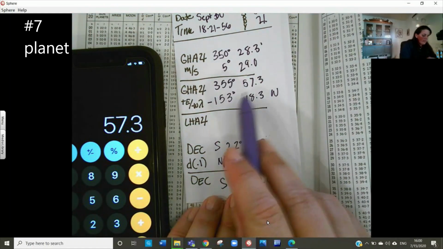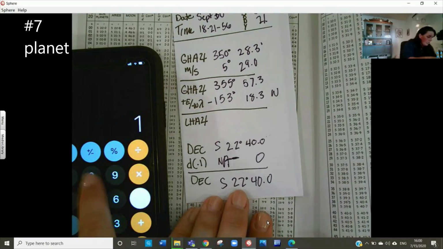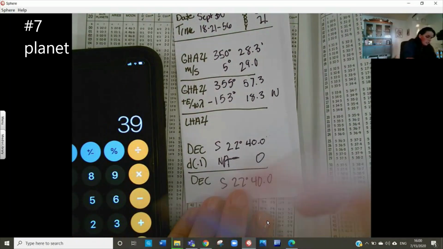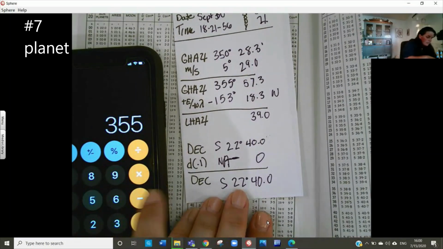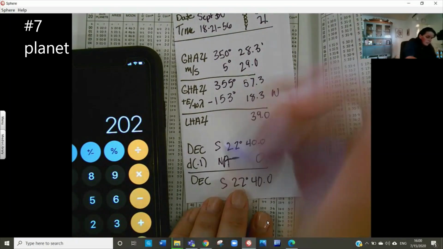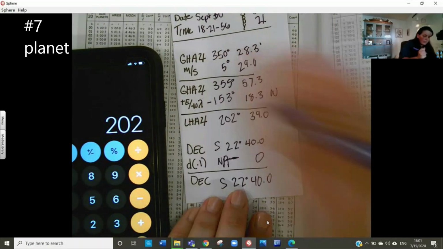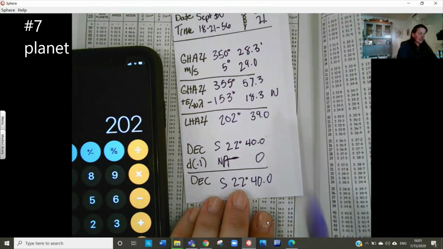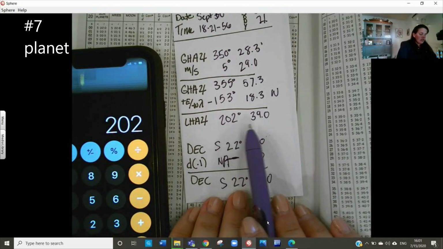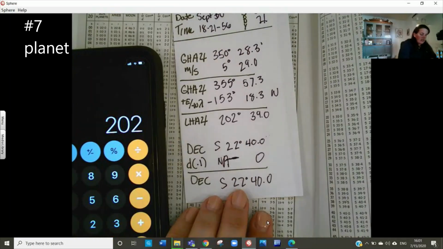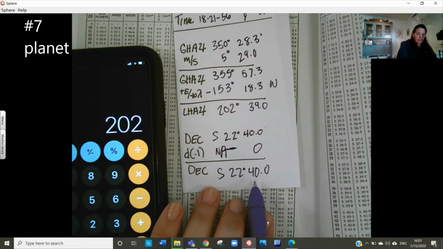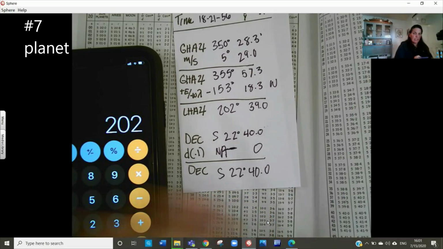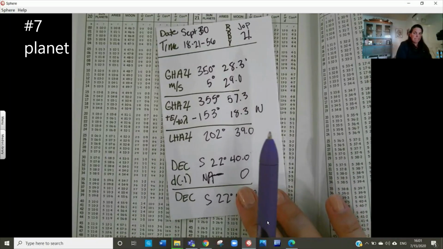So we have our 57.3 minus 18.3. So we have an LHA of 202 39.0 and our declination of 22:40 minutes south. And that is number 7.